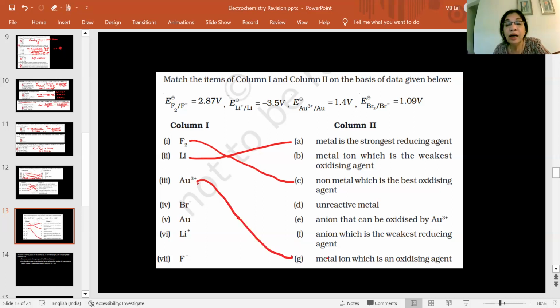Okay, then Br minus, an anion which is the weakest reducing agent. The weak reducing agent is the one which has a very high value of reduction potential. So Br should be a weak reducing agent.